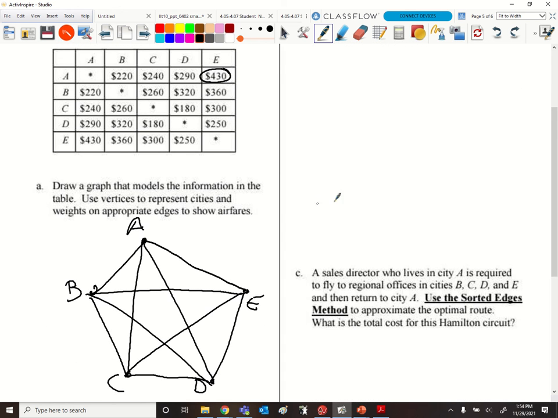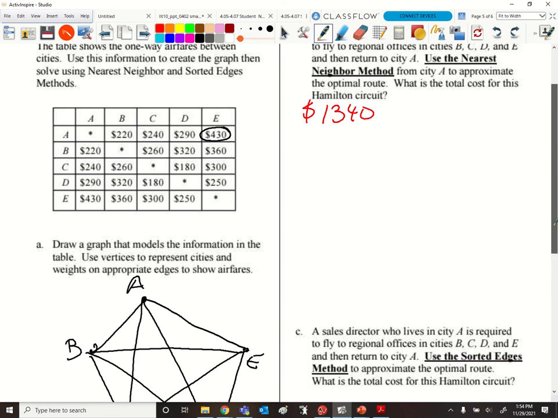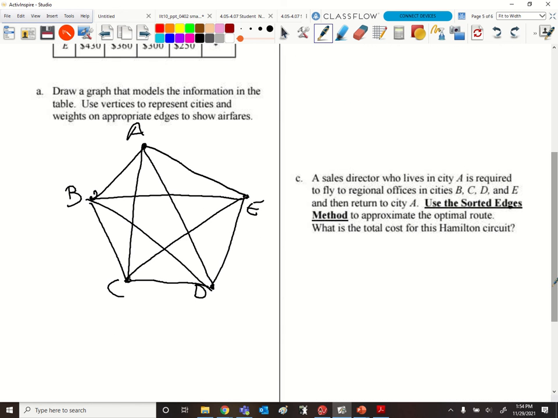So let's look. Okay, we drew this for A. Question B says the nearest, and that's what we did first. And we came up with how much? What was the first one we did? 1340. And then when I did this next way, which is sorted edges, I got rid of the longest or most expensive, and used the smallest one and tried to use all of them from there.